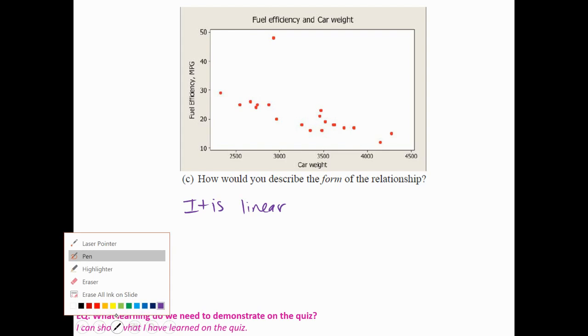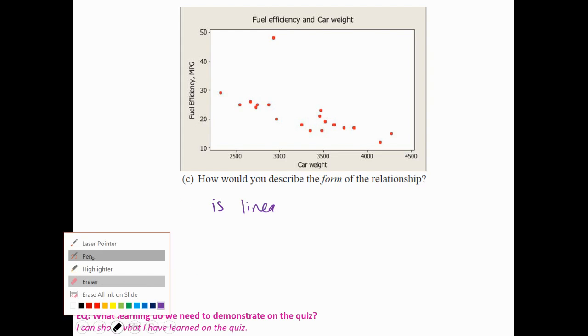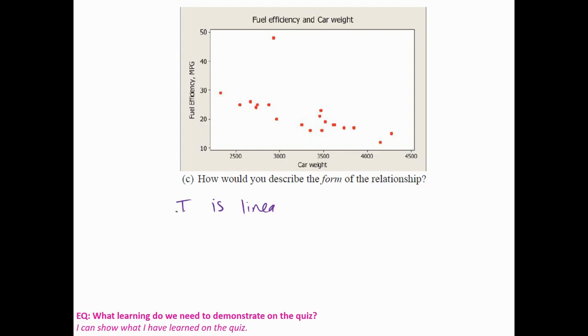And then there is one thing, though, that we should comment on at some point in all this, and that is it seems we have a really random outlier up here at the top. So it is linear with the exception of one outlier.